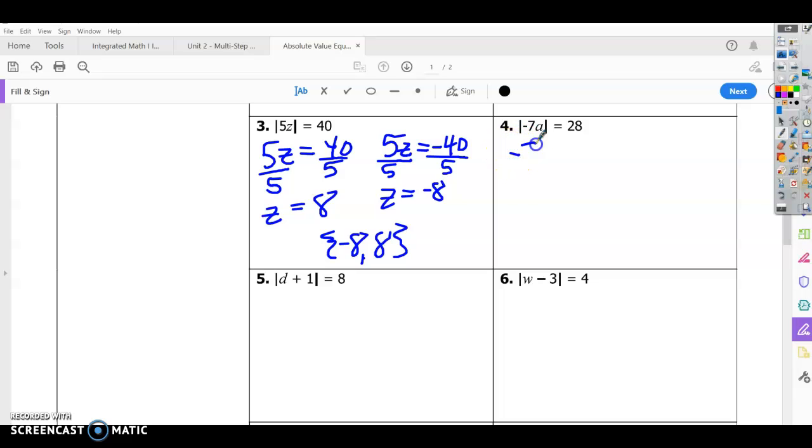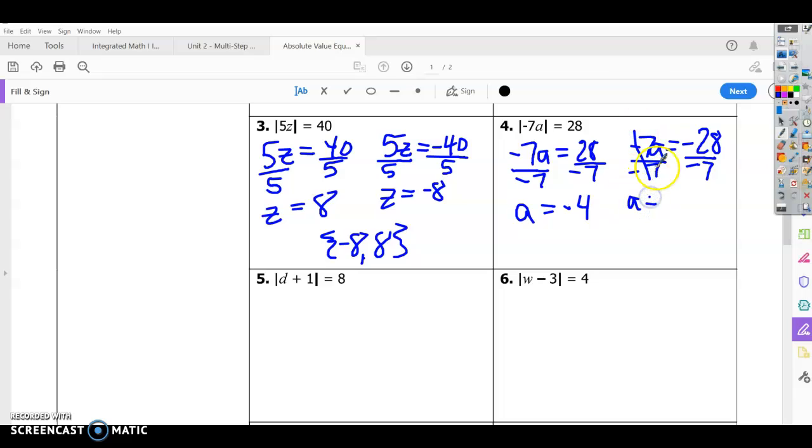All right, I've got -7a equals 28, and -7a equals -28. Again, solve both equations. I'm going to do that at the same time here. All right, a positive divided by a negative is a negative.